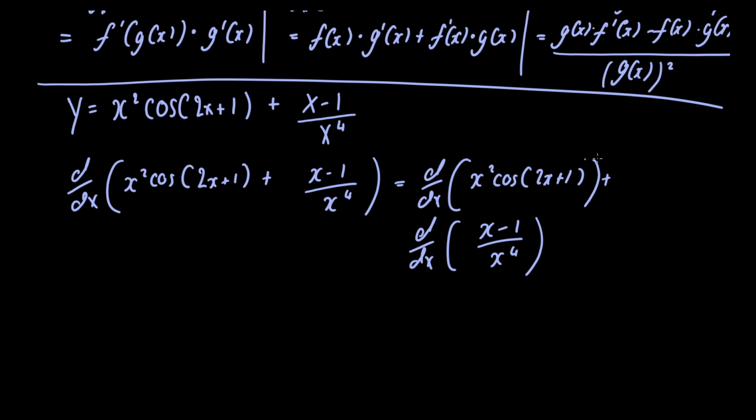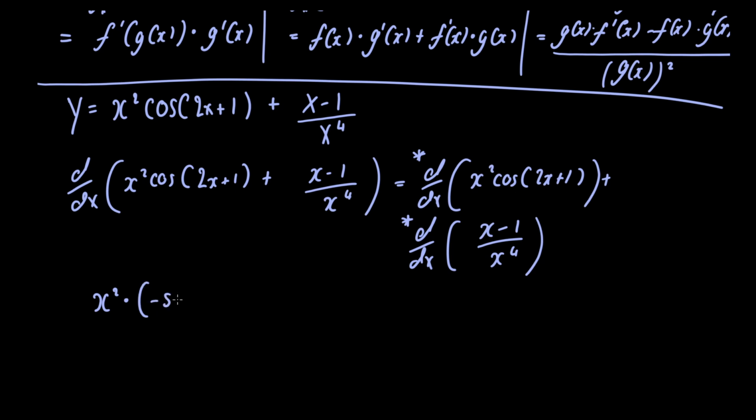Let's go ahead and take the derivative of this first part here, then we'll take the derivative of the second part right here. So we're going to have the derivative of x squared multiplied by cosine of 2x plus 1. We're just going to follow the product rule that we've got up here, so we're going to have f of x equal to x squared, and that's going to be multiplied by the derivative of g of x. We're going to have to use the chain rule here.